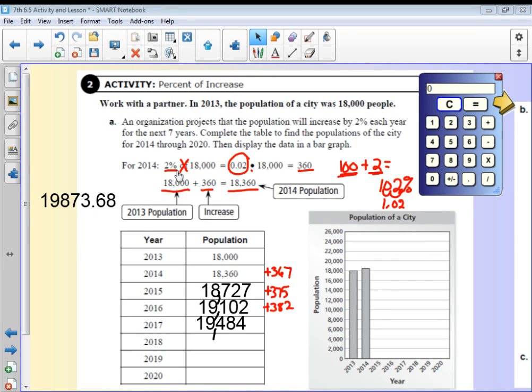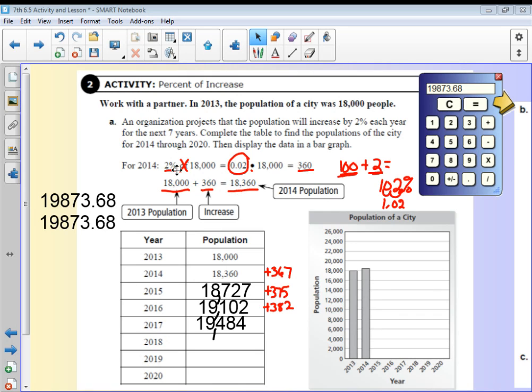Now I'm going to clear my calculator and go back to the other way we did it: 19,484 times 0.02, and notice I get 389.68. Now I'm going to add my 19,484, which was the population in 2017. Do those two match? Yep, they're exactly the same.